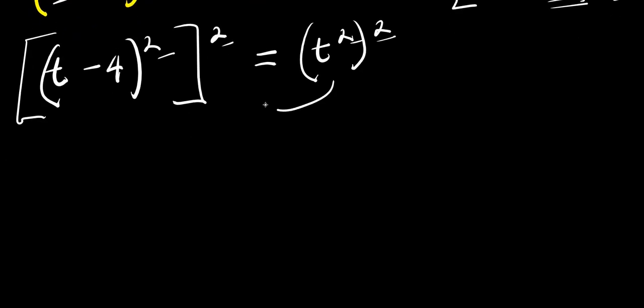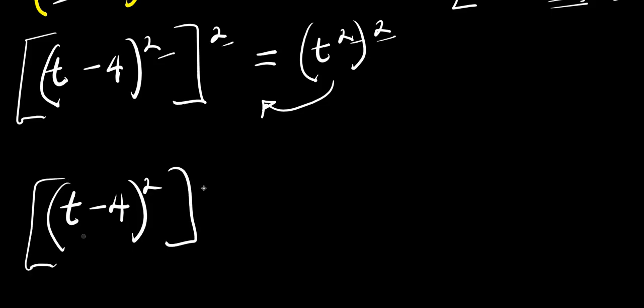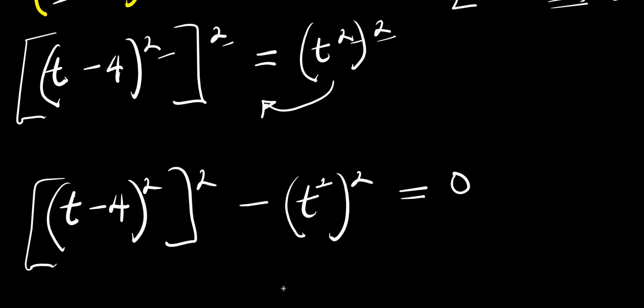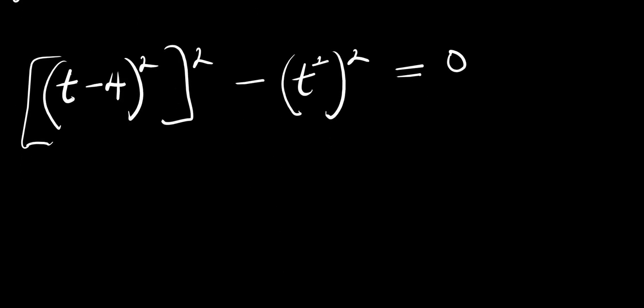We can decide to move this over here, and we are going to have (t minus 4) raised to the power of 2, raised to the power of 2, minus t power 2 raised to the power of 2, and this equals 0. Now from here, we can apply difference of 2 squares. Why? Because this is to the power of 2 and this is to the power of 2.